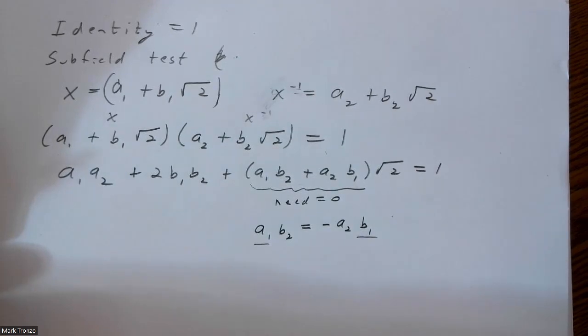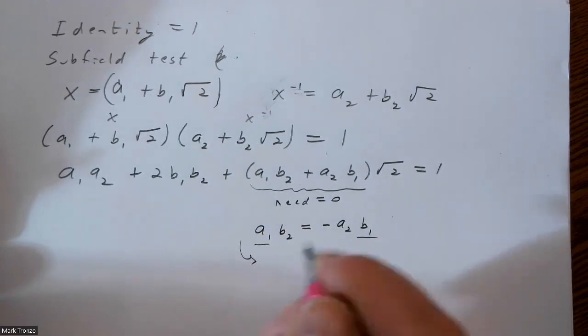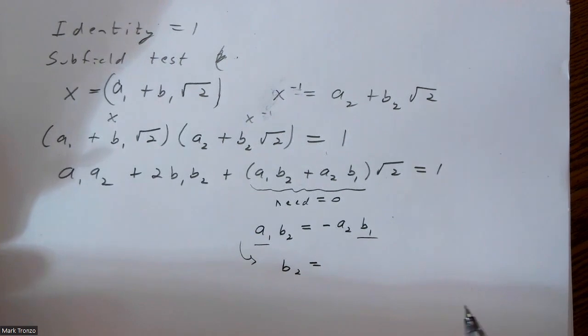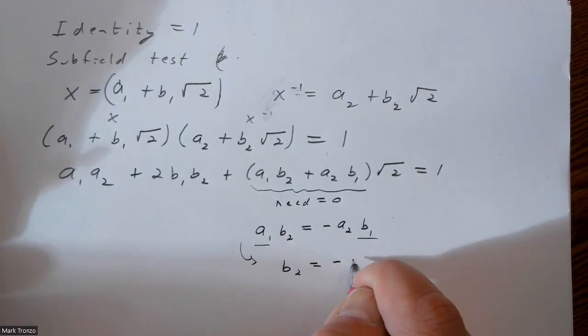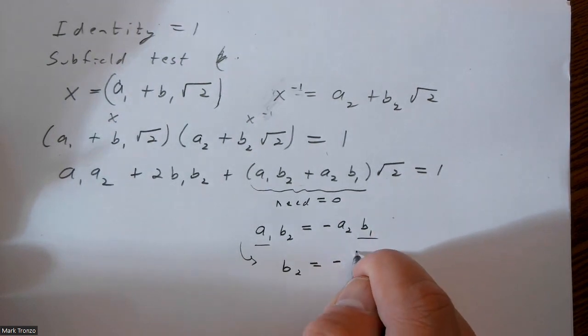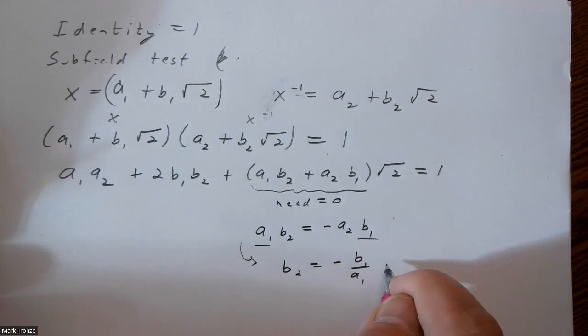So we're going to have to find a b2. So b2 is going to have to be equal to negative b1 a2 over a1.